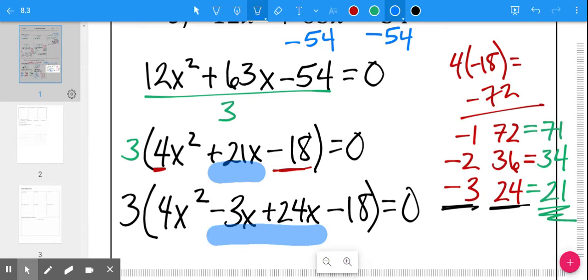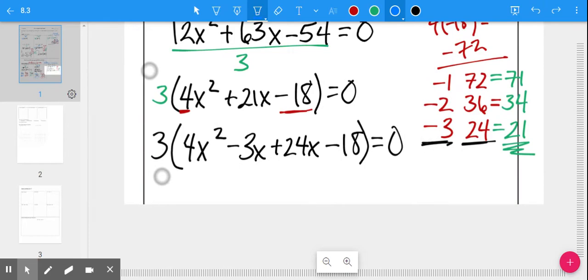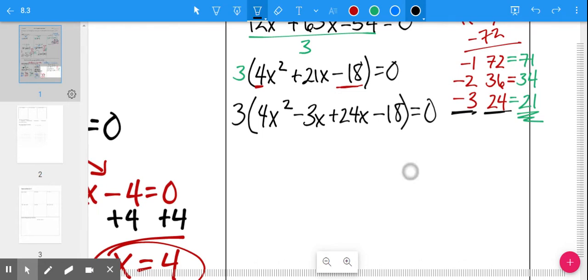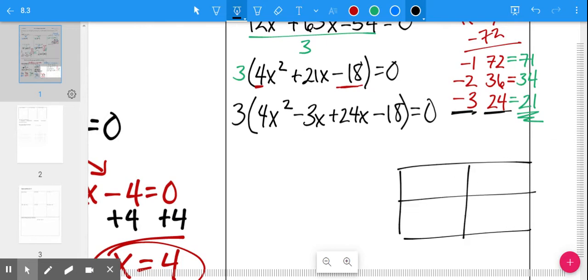They are equivalent. Everything else we just brought down. Now we can put that polynomial into your box. We've got 4 sections of the box, 4 terms. So we have 4x squared, negative 3x, positive 24x, and negative 18.